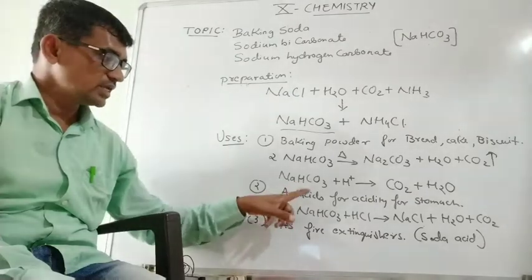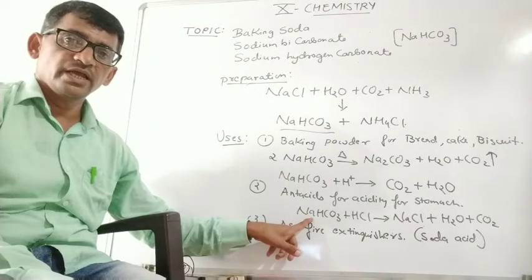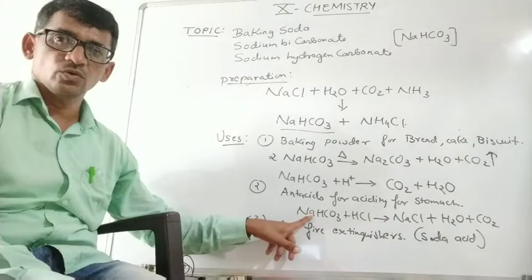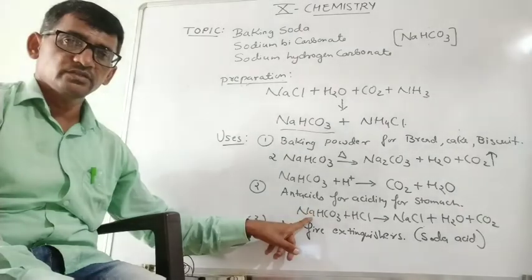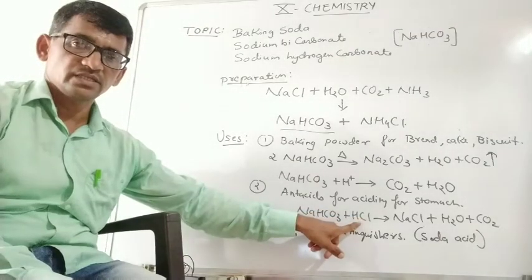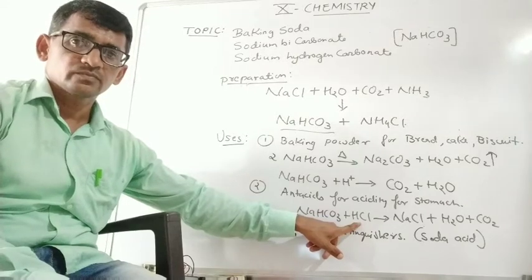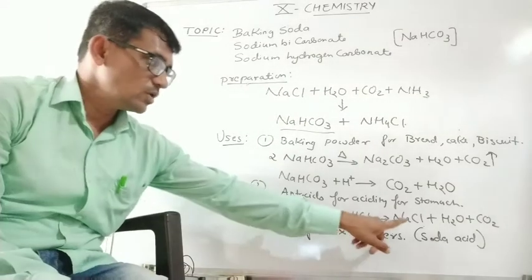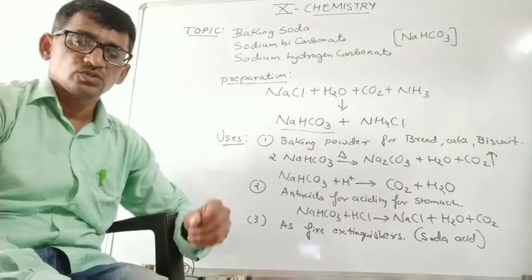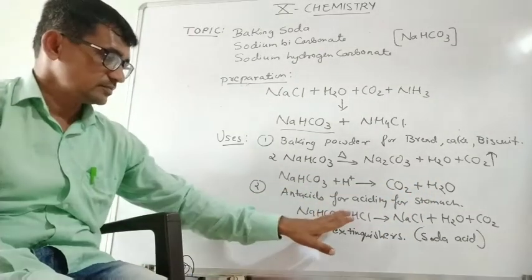To overcome this acidity, we have to take NaHCO3 solution, for example ENO. ENO powder is nothing but sodium bicarbonate. It reacts with HCl or any other organic acid and is converted to its respective salt plus water and carbon dioxide. So it neutralizes the acid.